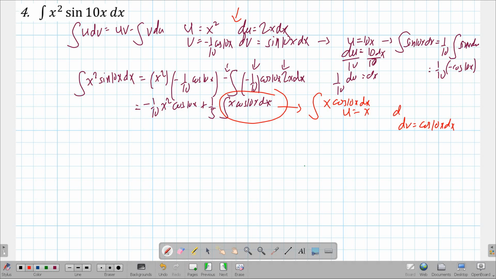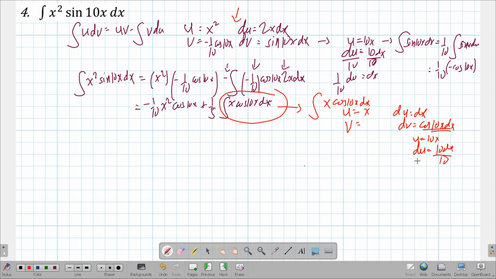So du becomes dx. Well, v becomes, we're going to find the integral of this. Let u be equal to 10x, and we're going to get du is equal to 10 dx.